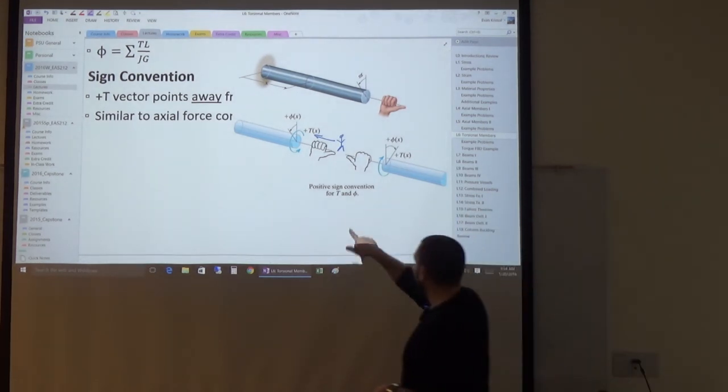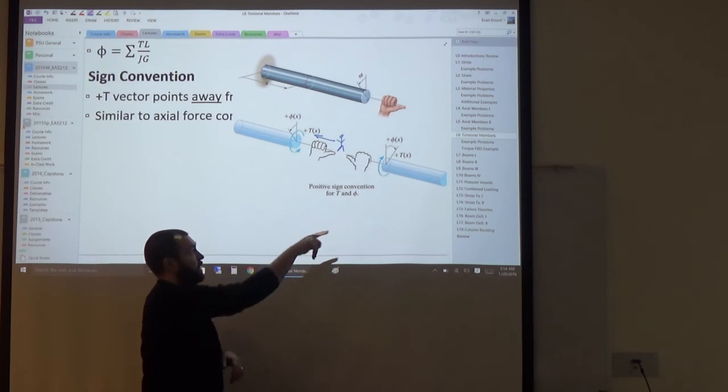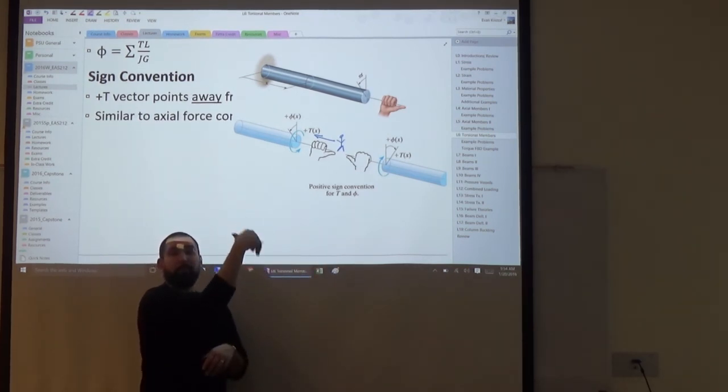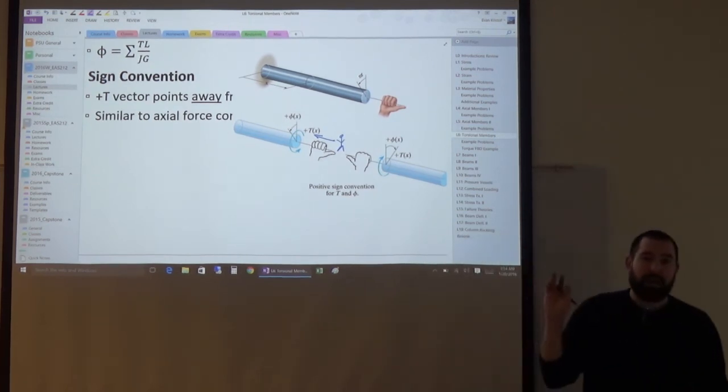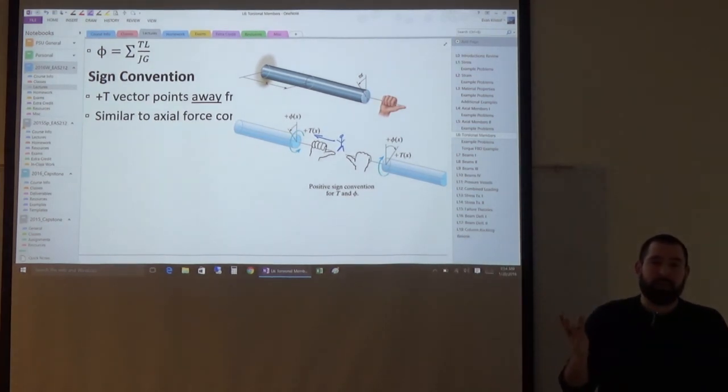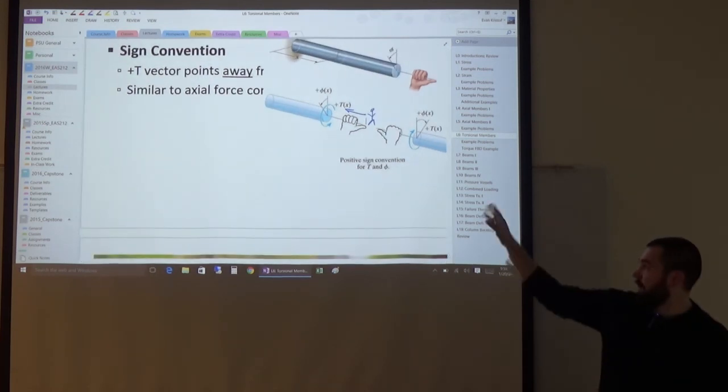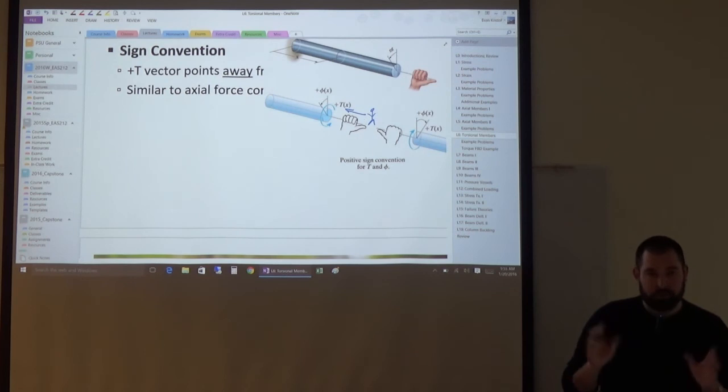Same thing, if I was standing here and I was looking at this other cross-section cut, the assumed direction of torque is going counterclockwise. The angle of twist goes in the same direction and it follows the same sign convention. So a positive phi, a positive angle of twist, means that it's going clockwise as you're looking at the cross-section cut itself. Okay, looks like a little bit of the words got cut off here, but it's essentially what I just said, covering that same material.